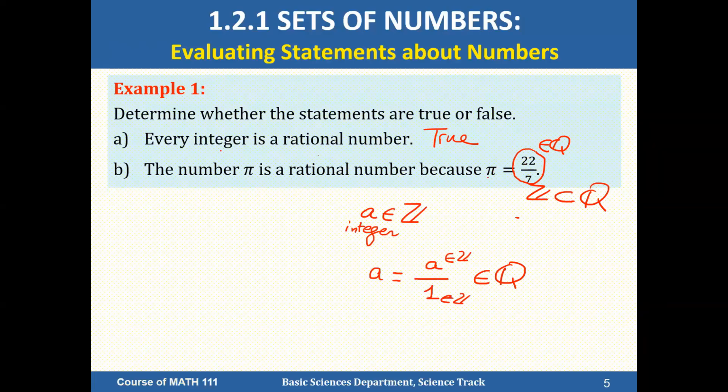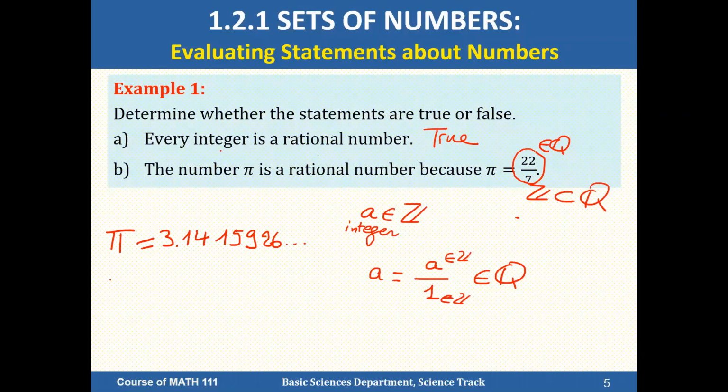To find out, let us use a calculator to check the value of pi and the value of 22 over 7. Using a calculator, we can see that the value given by the calculator for pi is 3.14592 and so on.